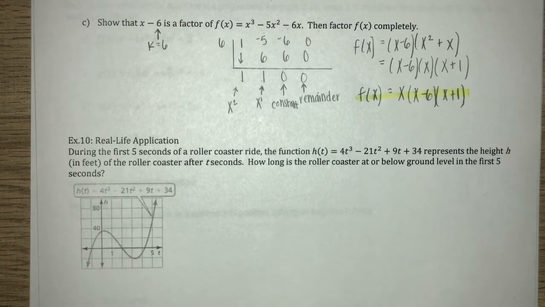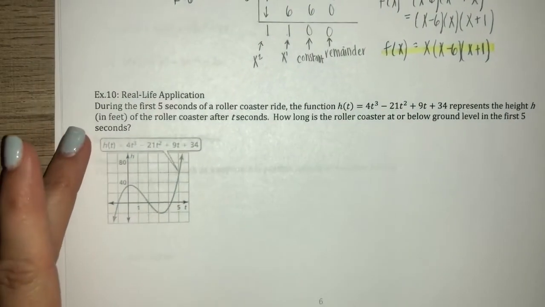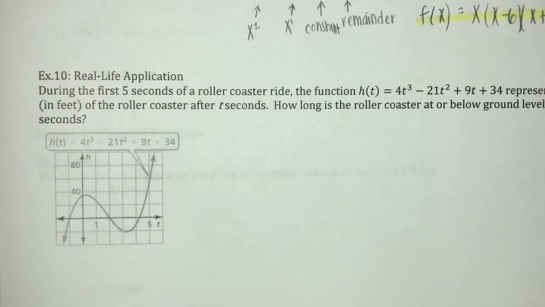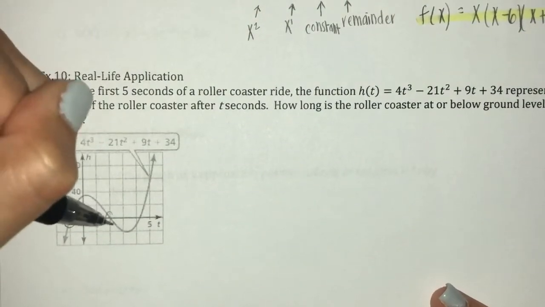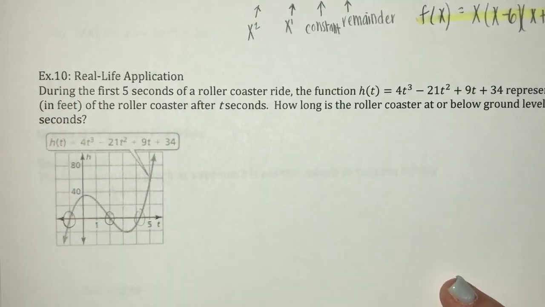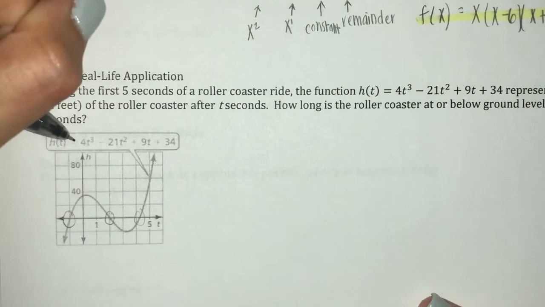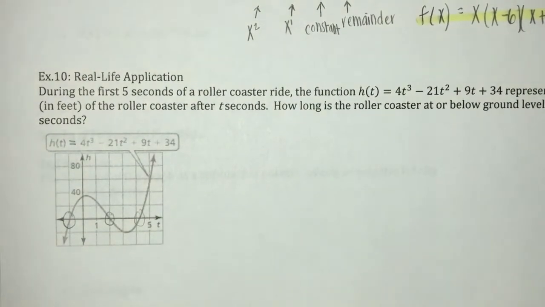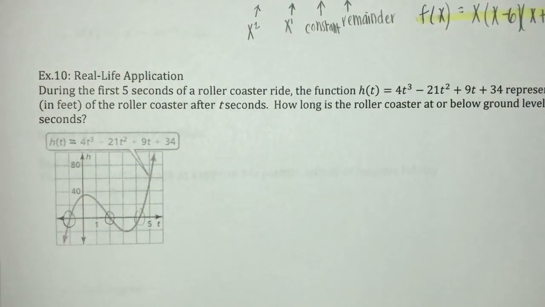We have to kind of figure out the x-intercepts. So we can see them, but some of them are hard to identify. We can see there's one here at negative 1, 0. We can see there's one here at 2, 0, and then there's another one here, but it's impossible to tell exactly what that is. So if we want to figure that out, we can test the other x-intercepts to see if they are true factors, and while we're testing them using synthetic division, we'll be left with the remaining factors basically.